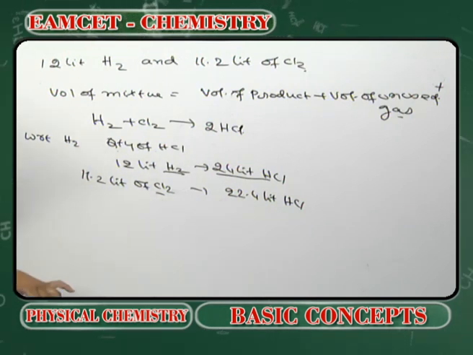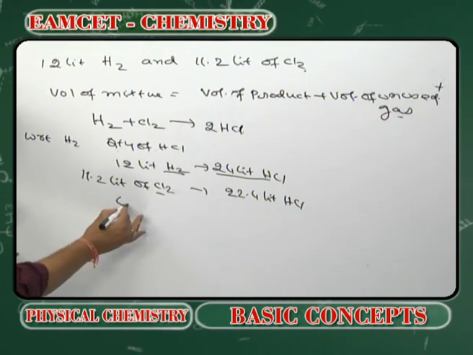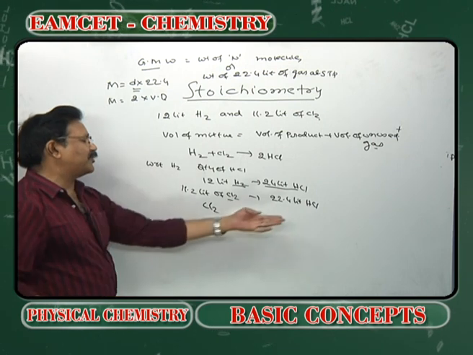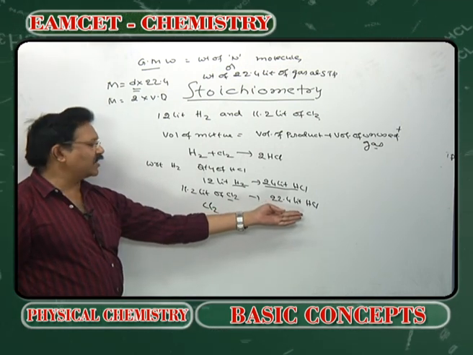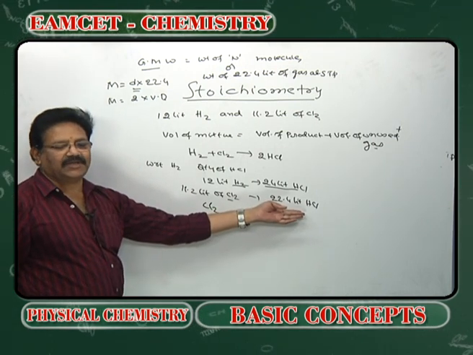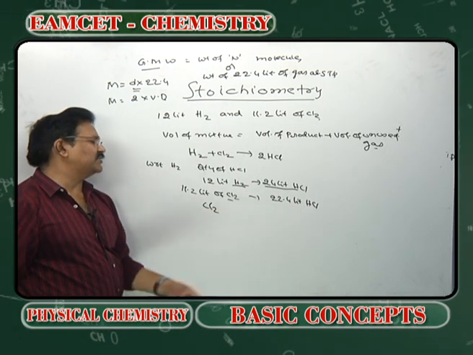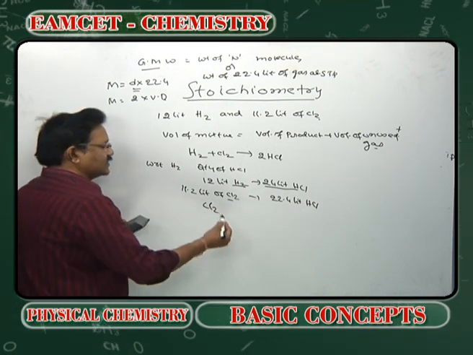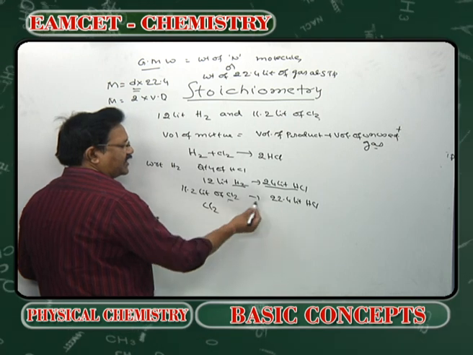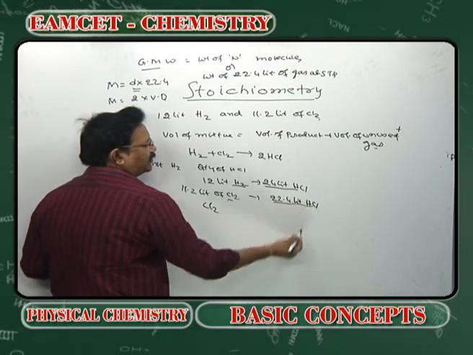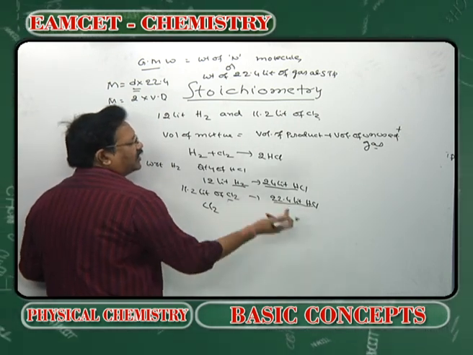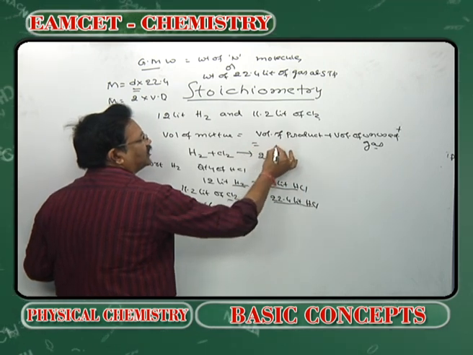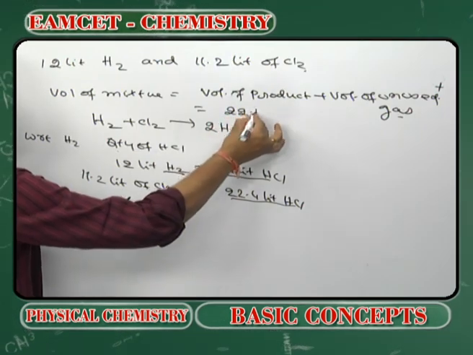In this case, chlorine is the limiting reagent, and the quantity of the product will always depend upon the quantity of the limiting reagent. So the quantity of the product given by the limiting reagent will be the final quantity of the product.